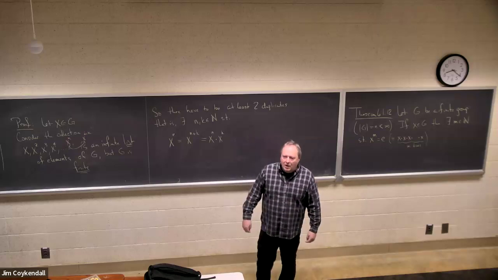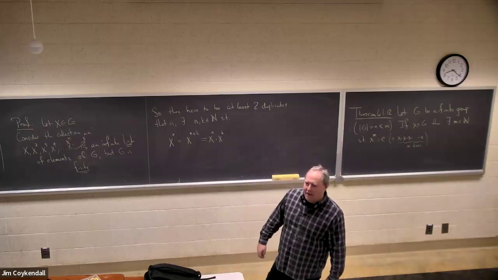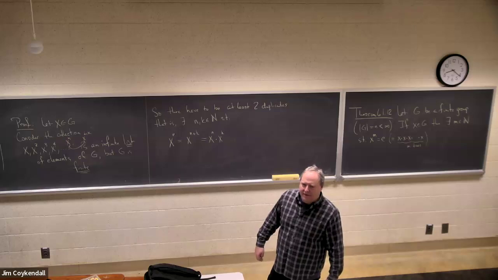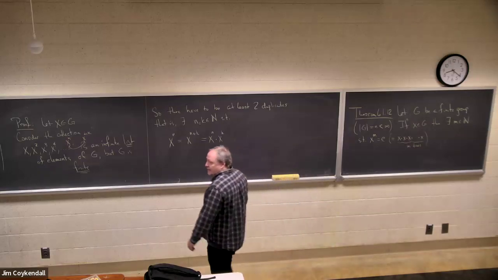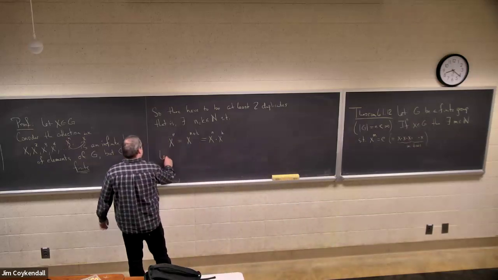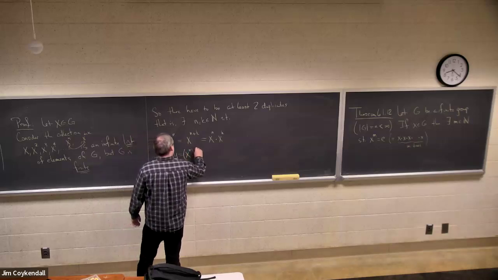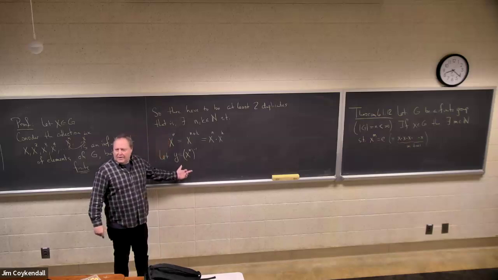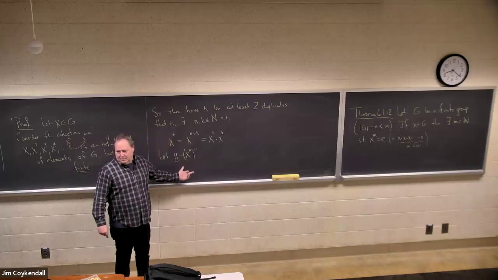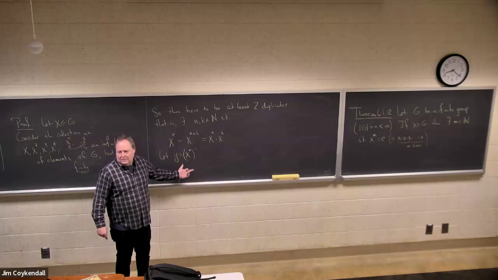Now, what do you know about a group? Everything's got an inverse, right? In particular, X to the n has an inverse. This is often written X to the minus n, but it's even easier for me to write y.